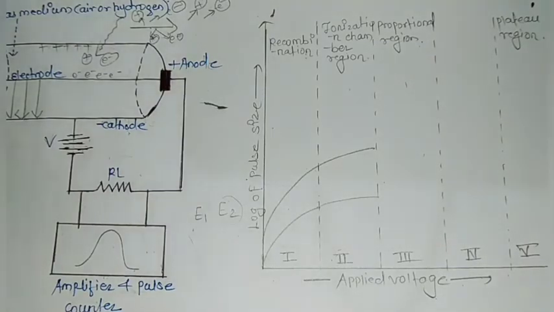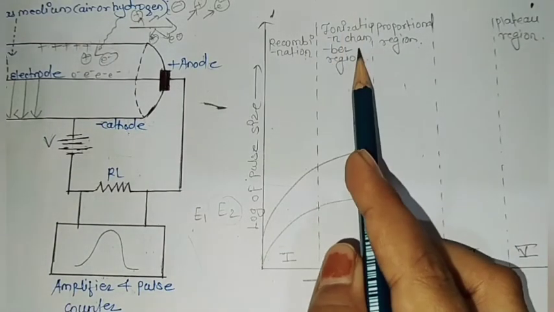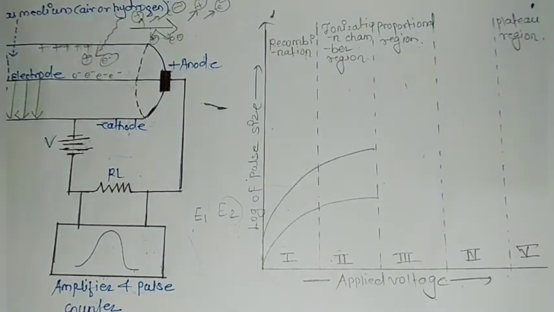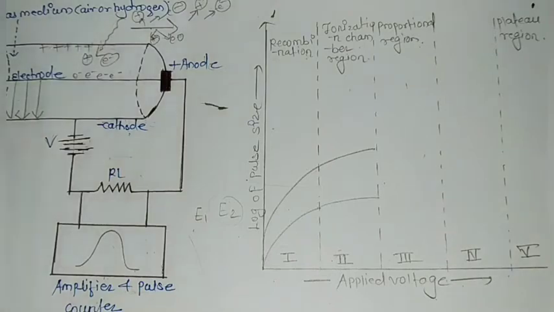The ionization chamber works in region number 2, where recombination is near about 0, and any change in voltage within this region does not change the current pulse at all. Rather, the size of the current pulse purely depends upon the kinetic energy of the incident particle.